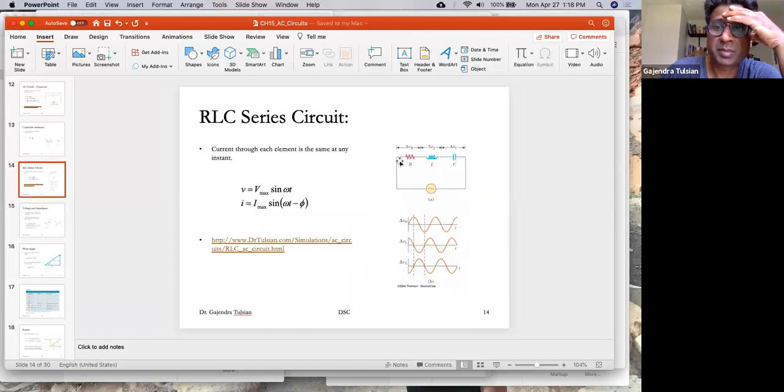So for the source to deliver maximum power to this circuit, phi needs to be 0. If you have any inductance in the circuit, you will need a matching capacitance so phi goes to 0. Imagine that this was the power company and this was a city. For the power company to deliver maximum power to a city, you need phi to be 0.